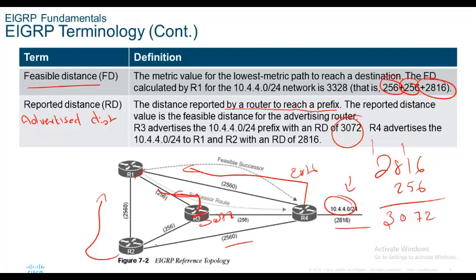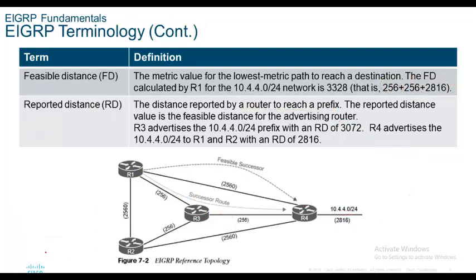So R3's feasible distance is the reported distance for R1. Reported distance value is the feasible distance for whom? For the advertising router.